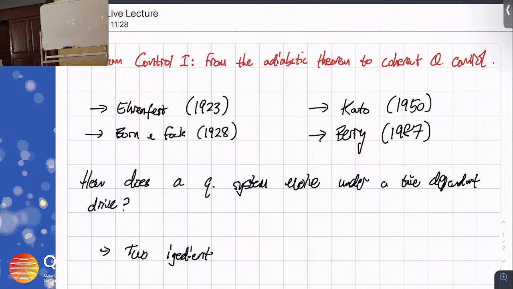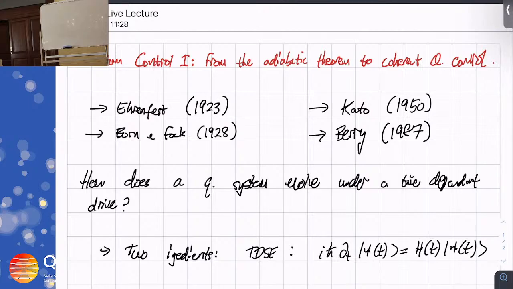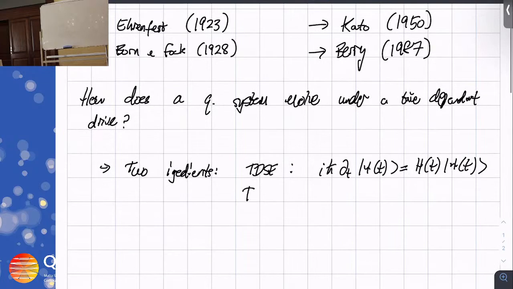Everything I'm going to discuss today is for closed unitary dynamics. Nice, simple stuff. So one, our classic time-dependent Schrödinger equation, which we all know, i h bar d/dt psi of t is equal to h of t psi of t, and two, the time-independent Schrödinger equation.